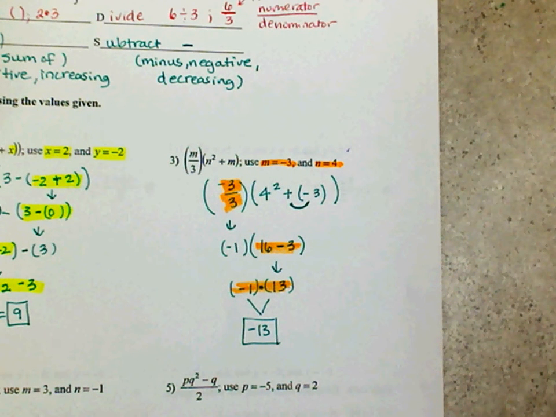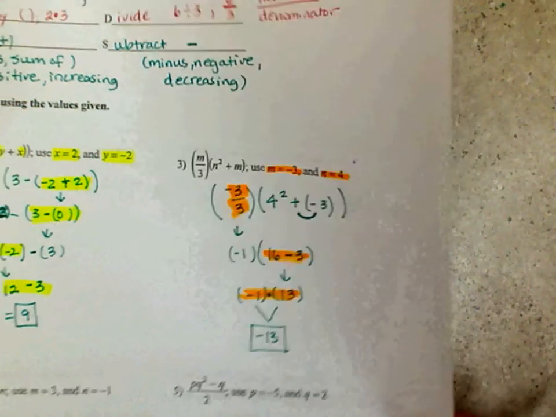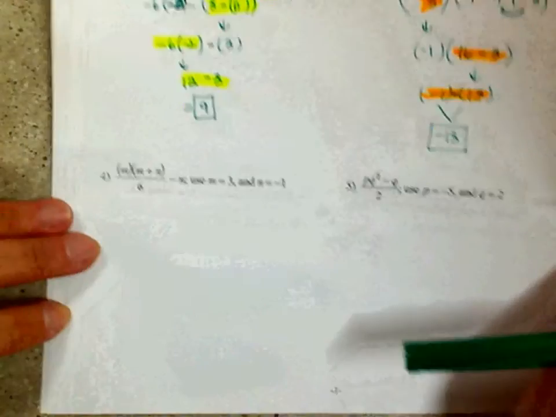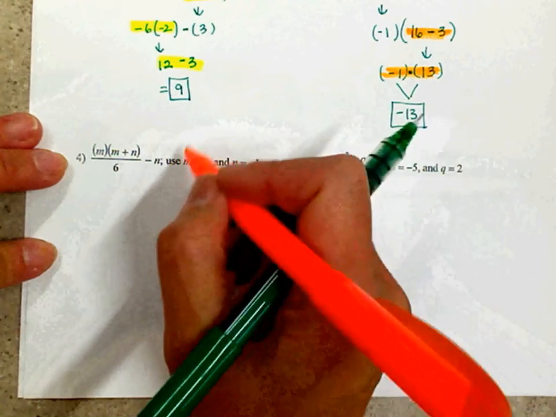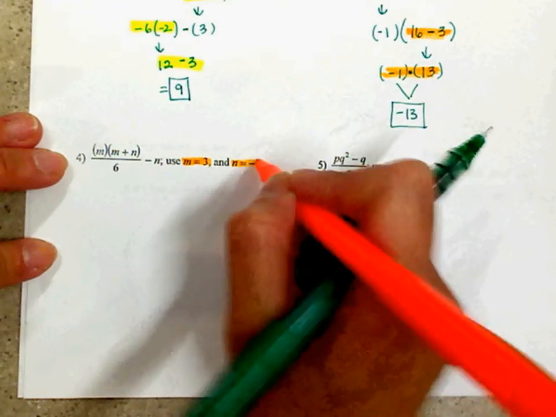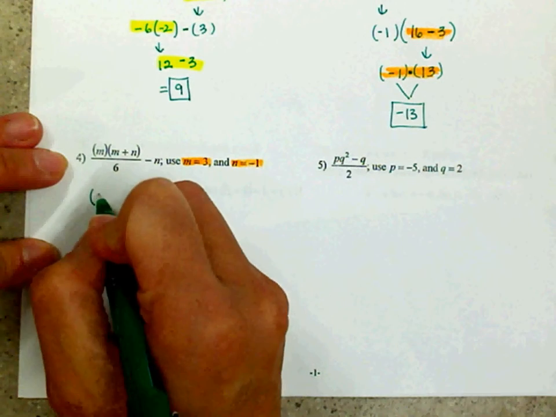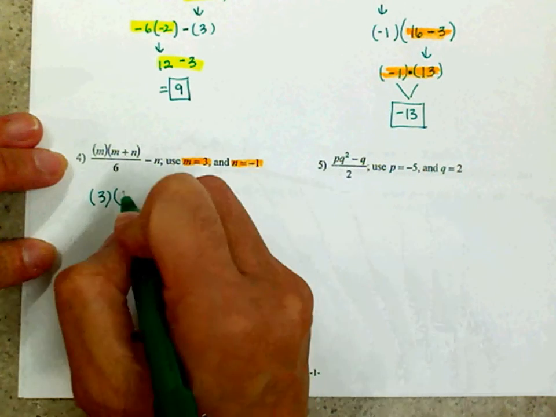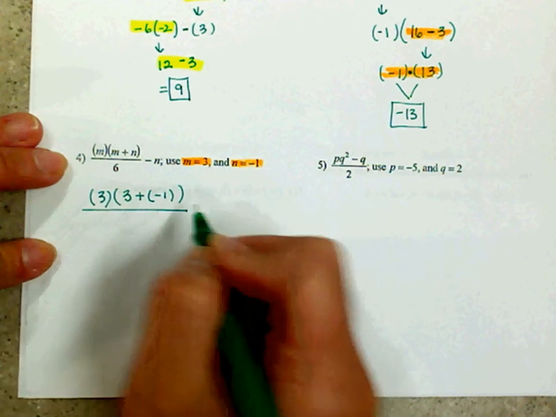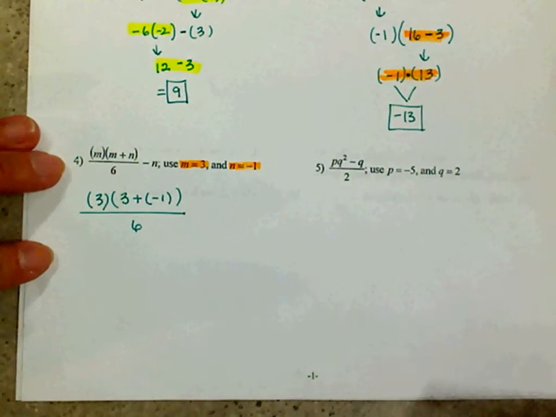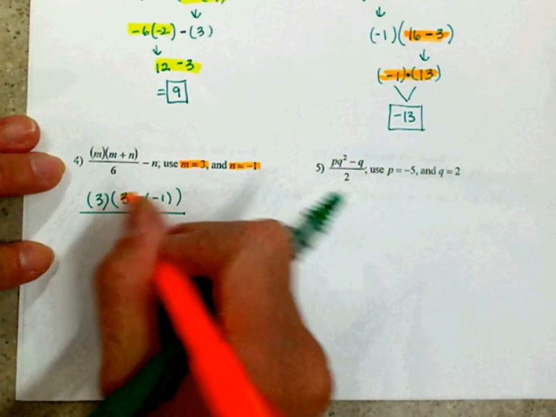Alrighty. Okay, let's look at example 4. Same scenario. If you have an M, it's going to be a 3. If you have an N, it's going to be a negative 1. So parentheses, 3, parentheses, 3 plus negative 1 divided by 6. Okay? Take care of that first.